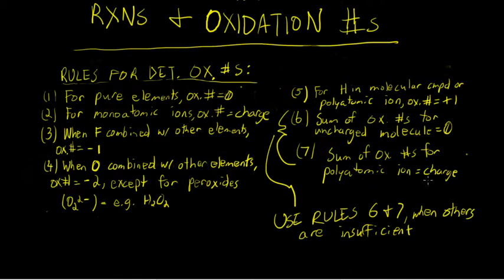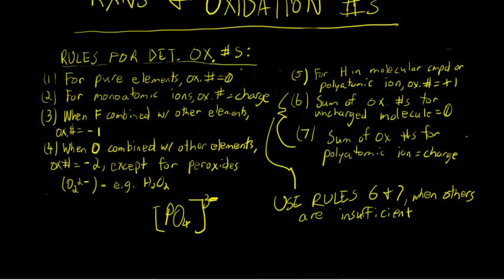So a simple example of this one here, the sum of the oxidation numbers for a polyatomic ion. If you consider PO4, the phosphate ion, has an overall charge of 3-, and this is going to help us determine the oxidation number of phosphorus. So we know when oxygen is combined with other elements, except in the case of peroxides, that it's going to bear a -2 oxidation number. So each oxygen here is going to have a -2 oxidation number or oxidation state.